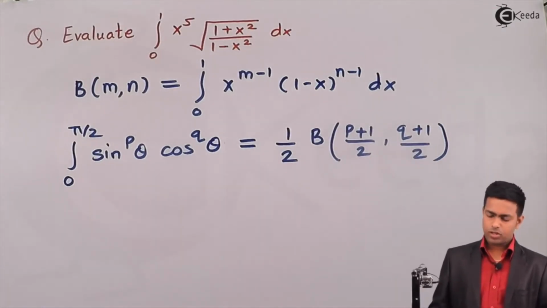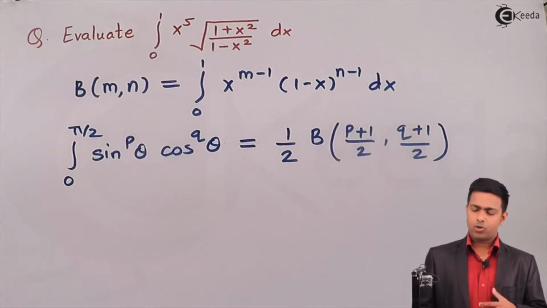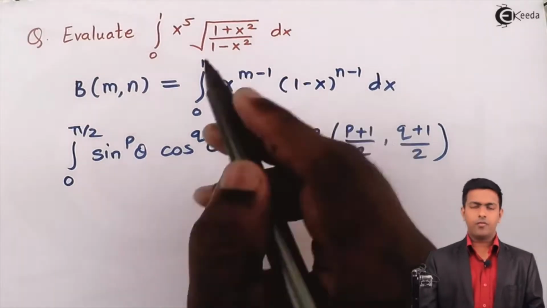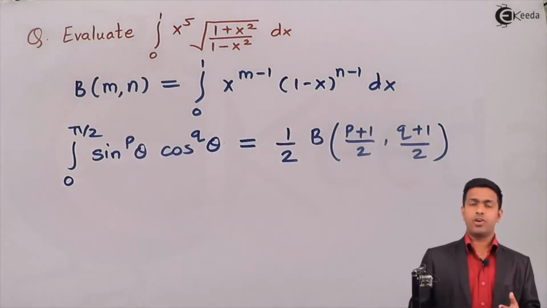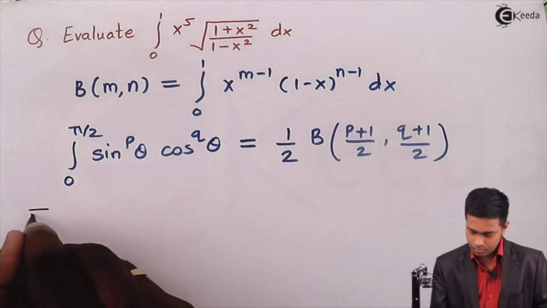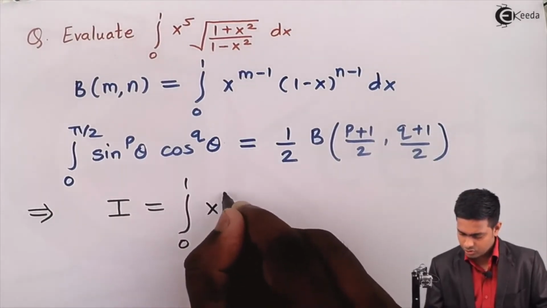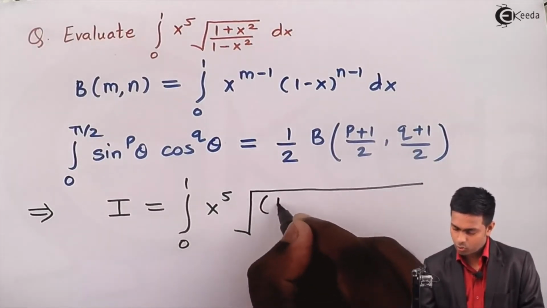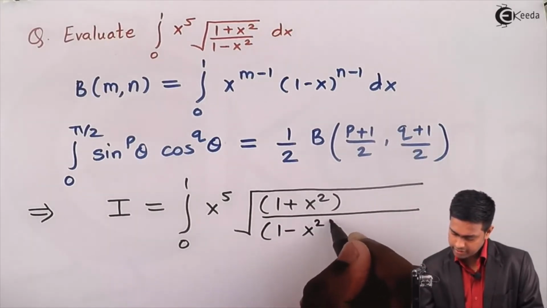For simplicity, we will remove the square root from the numerator, and to remove that square root, we will rationalize the term which is given in the square root. So let's multiply the term inside the square root by the conjugate. Here we will get I equal to integration 0 to 1 x raised to 5, inside the square root we are multiplying by the conjugate, so 1 plus x square is there and 1 minus x square is there.